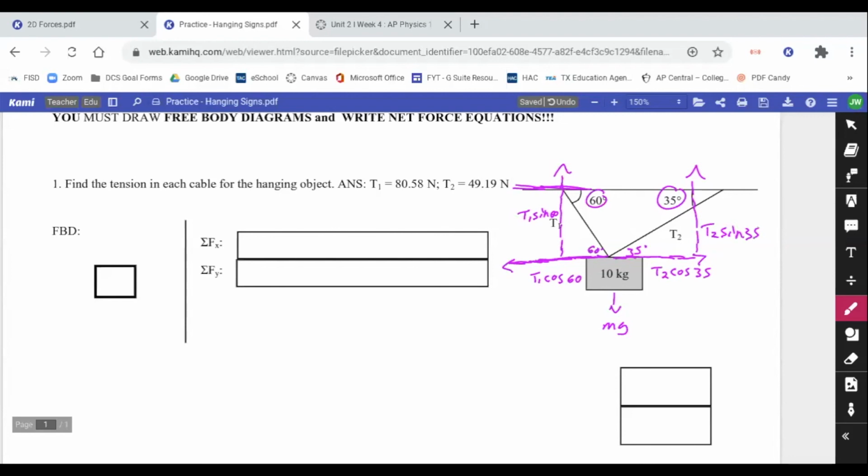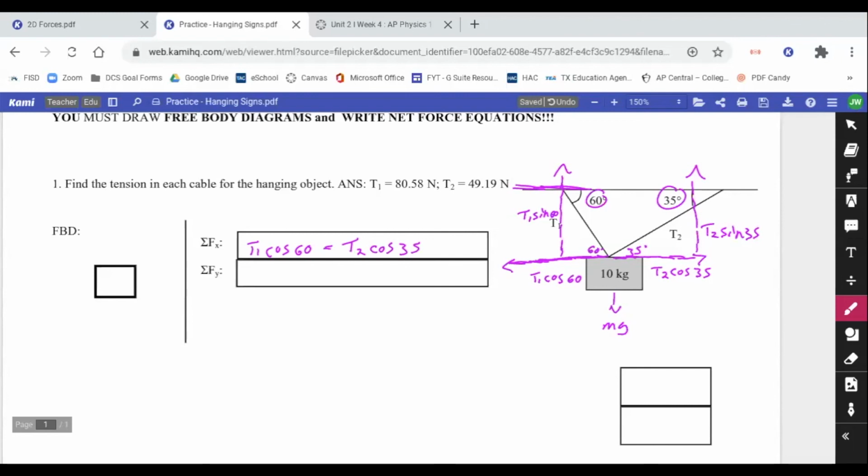Now, if I wanted to use my summation of forces boxes, I could say that in the x direction, the horizontal, T1 cosine of 60 is equal to T2 cosine of 35. My only force to the left is equal to my only force to the right.